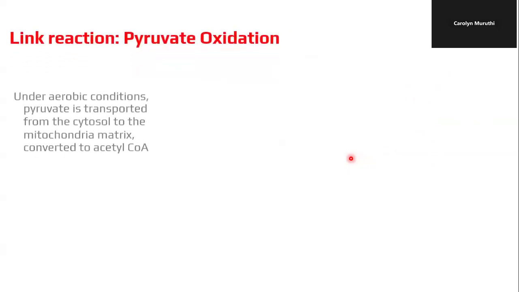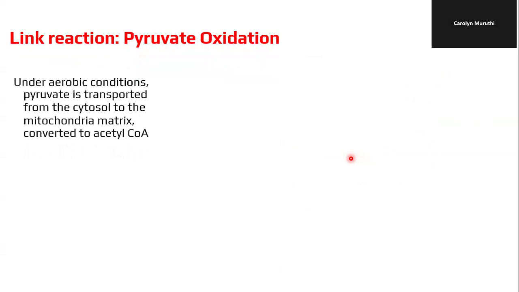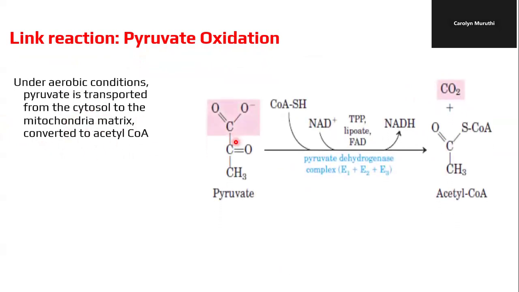So what becomes of pyruvate? Through pyruvate oxidation and under aerobic conditions, pyruvate is transported from the cytosol to the mitochondrial matrix, where it is converted to acetyl-CoA. This reaction is catalyzed by pyruvate dehydrogenase and requires various cofactors, including NAD+, which is derived from vitamin B3, that is niacin.